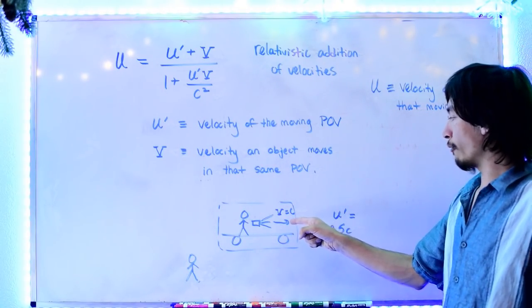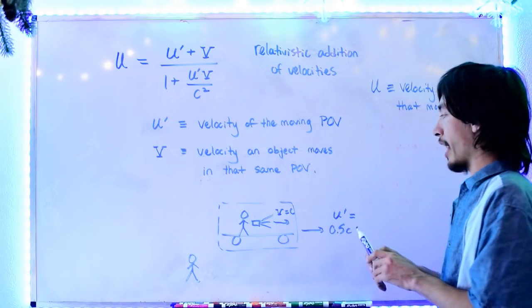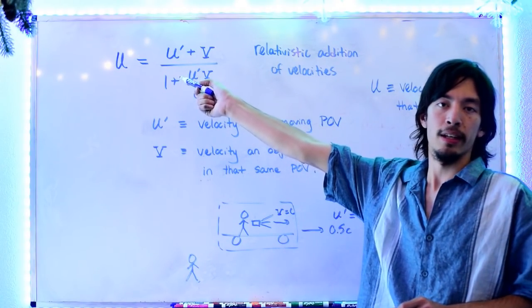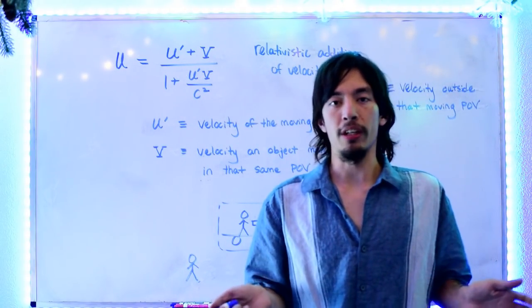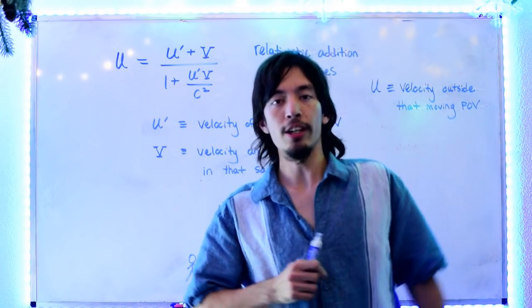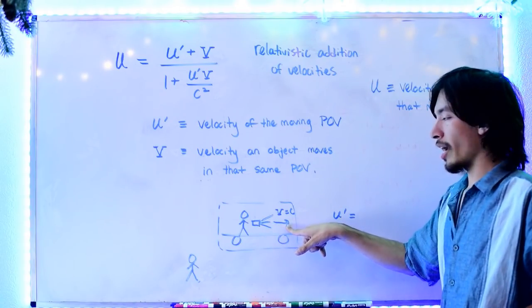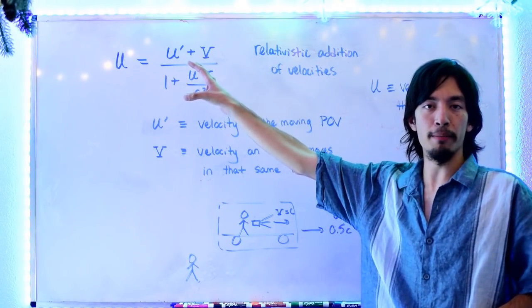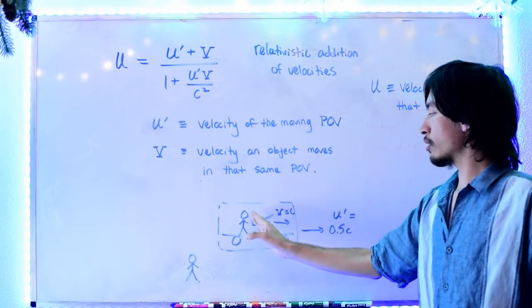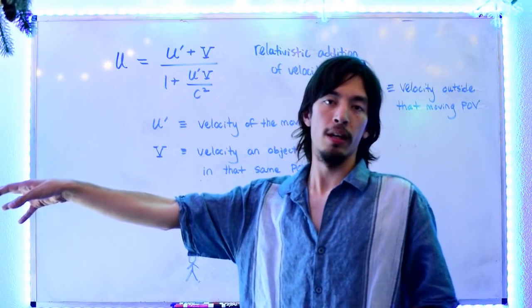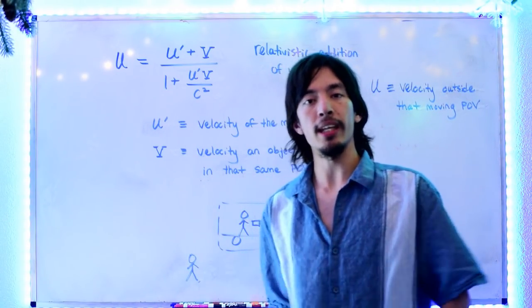Now, the other thing to be careful about is that these are velocities. Velocities have direction. You can move in the positive direction and you can move in the negative direction. So, for instance, something that's moving to the right is written as a positive number. But if I were to throw something backwards, then I would write it with a negative number.